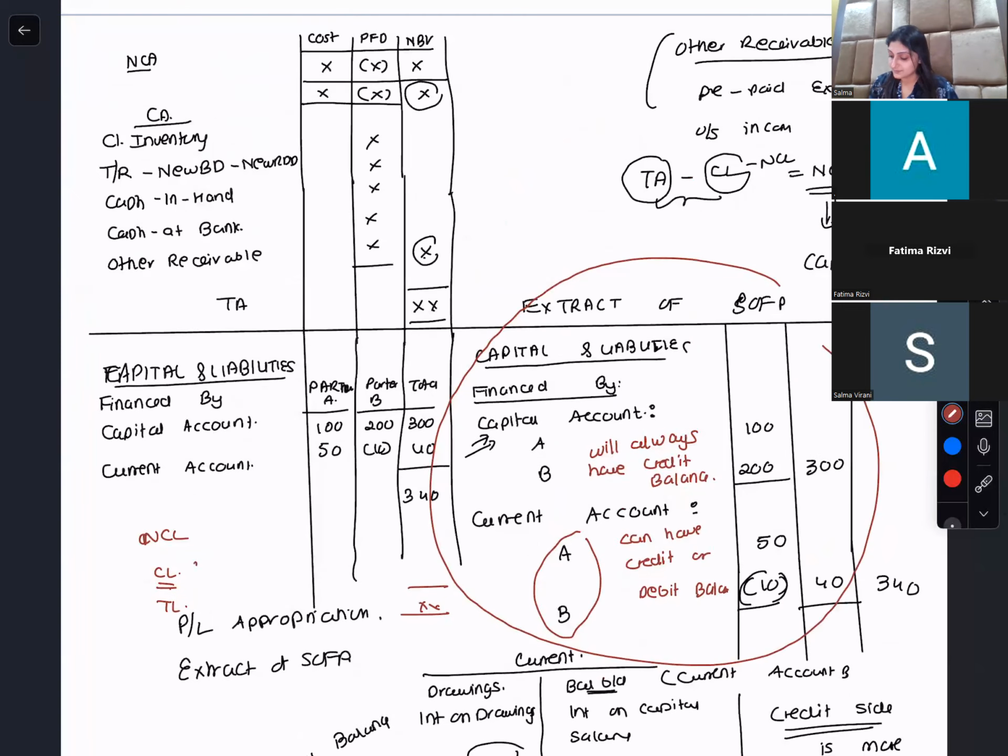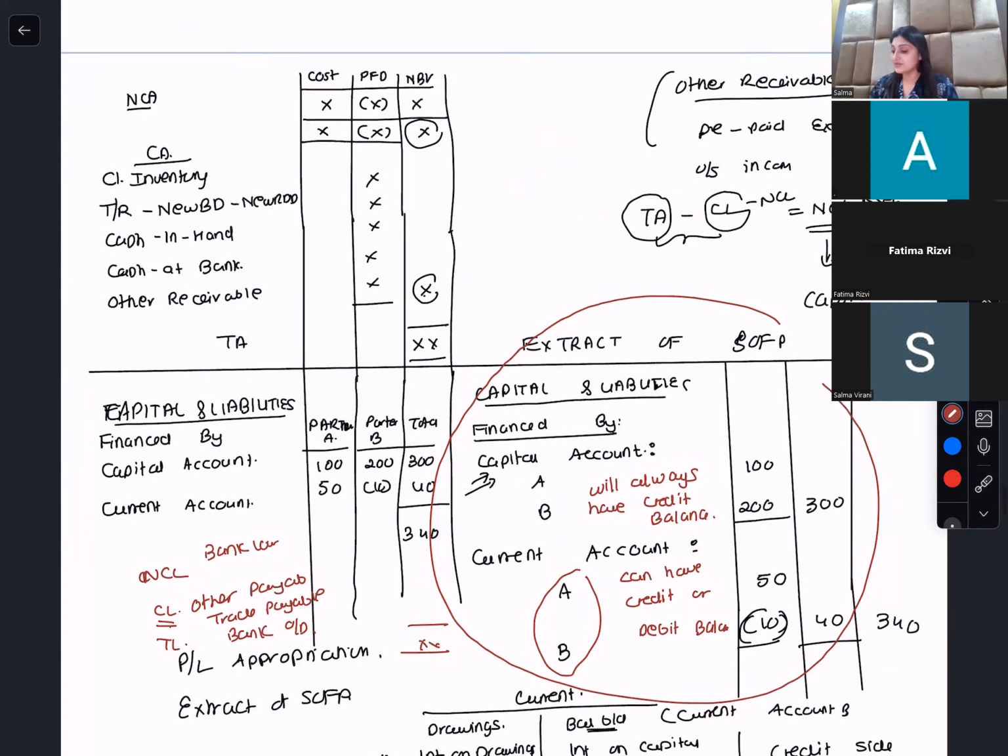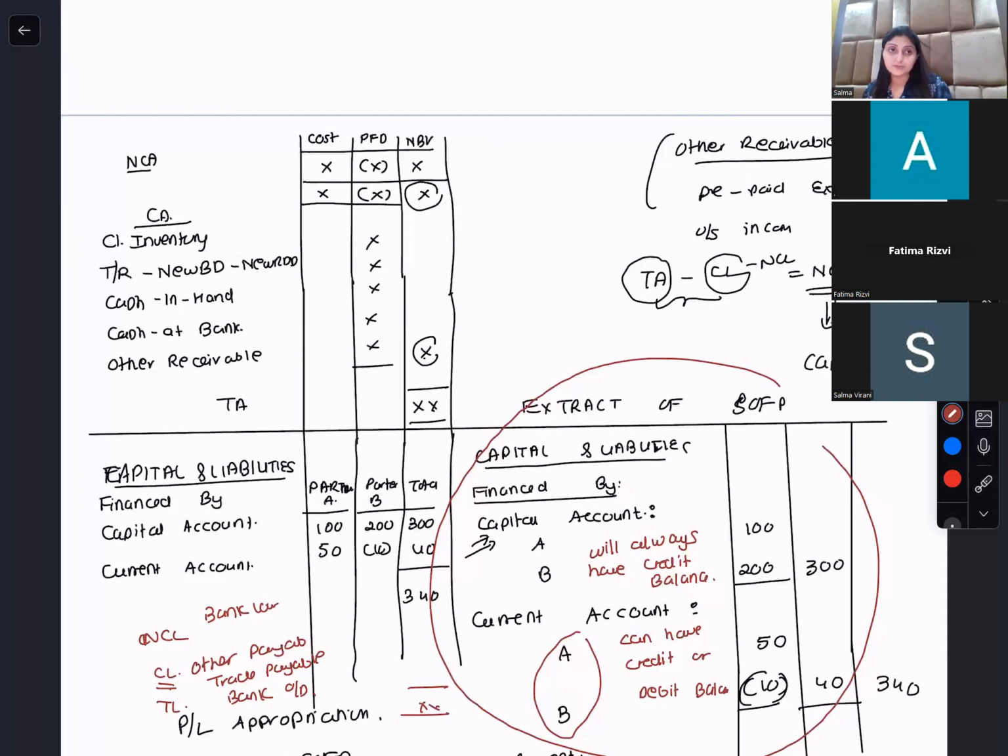Other payables, trade payables, bank loan. If it is more than a year, it will be a non-current liability. And bank short term overdraft. Okay, so these are the things that come in your current liabilities. I'm giving you time, make your notes.